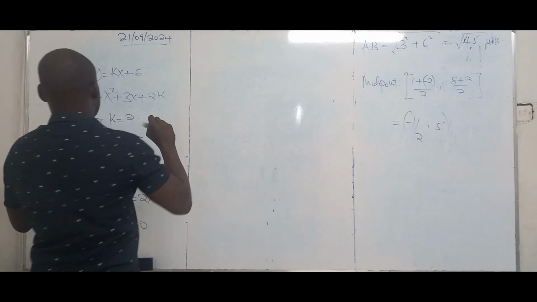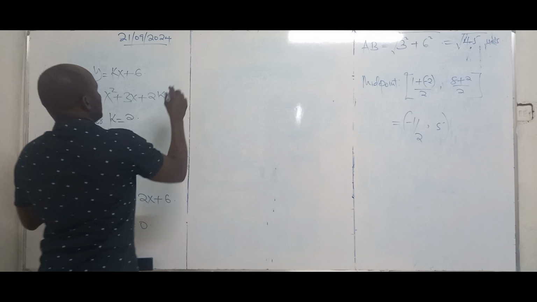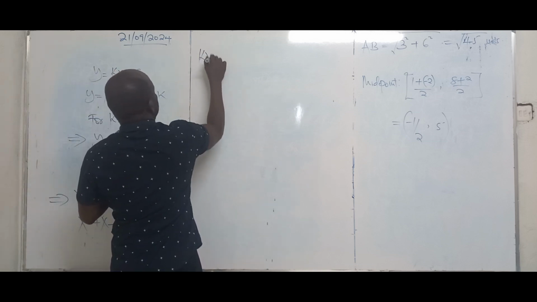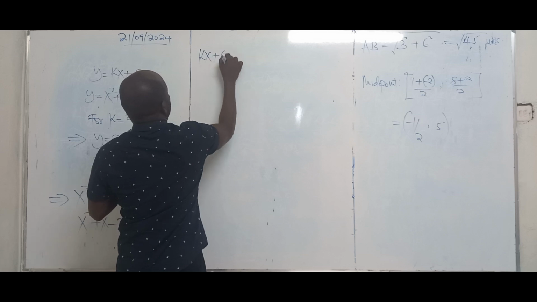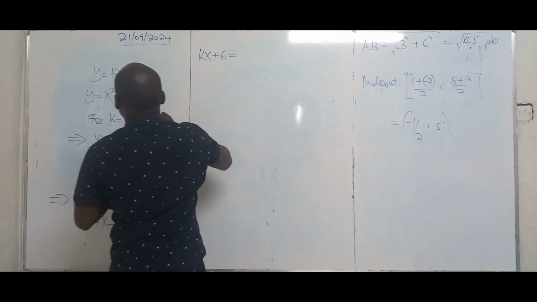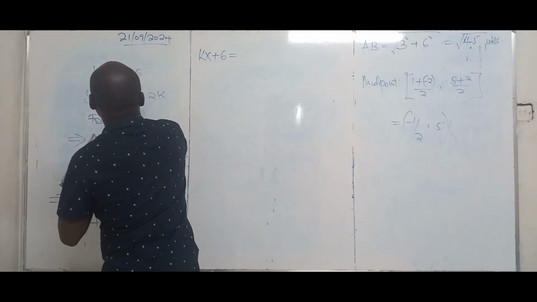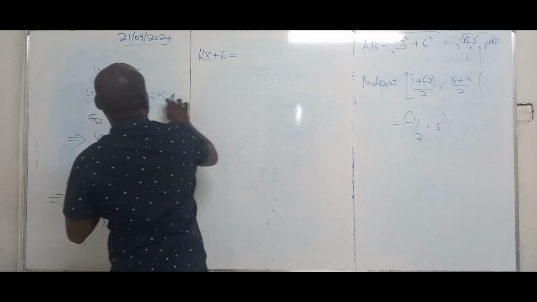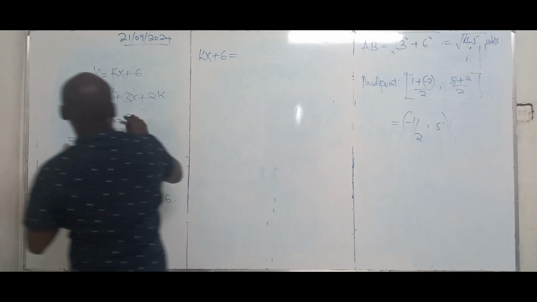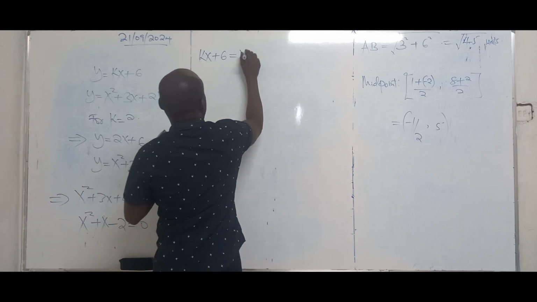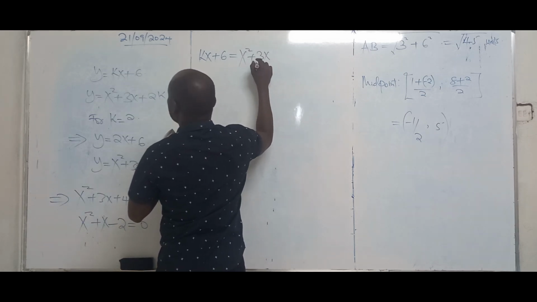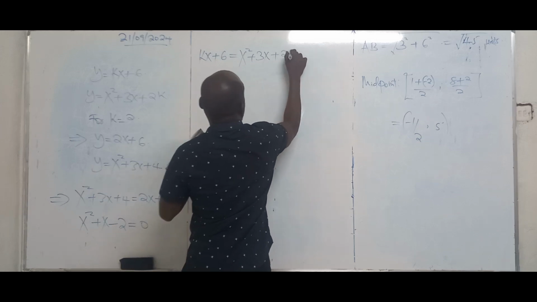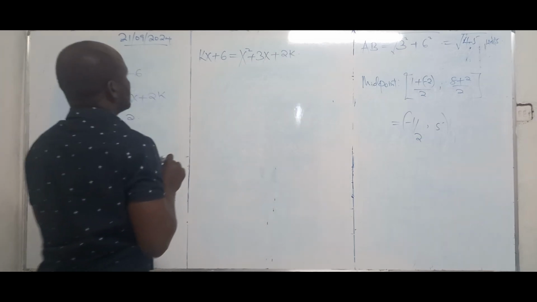So we have kx plus 6 is equal to x squared plus 3x plus 2k.